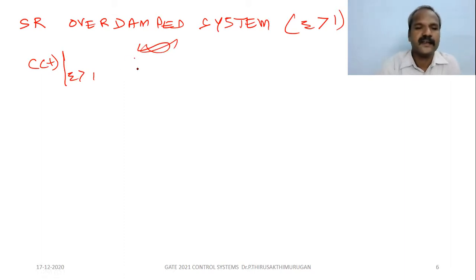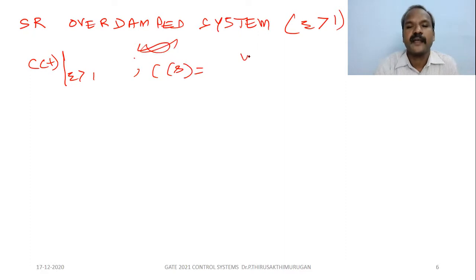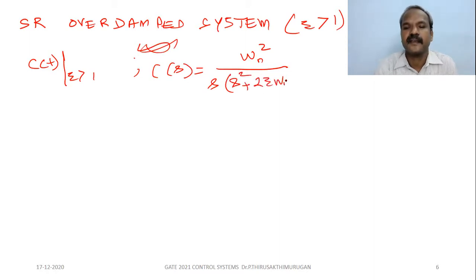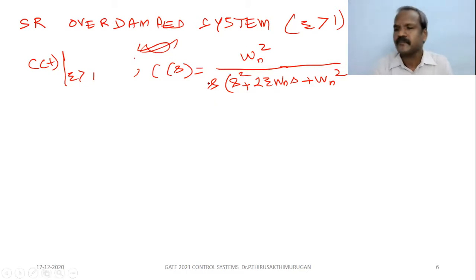So we know that C of s equal to omega n square divided by s into s square plus 2 zeta omega n s plus omega n square. So C of s equal to this. 1 by s is the Laplace transform of the step response.